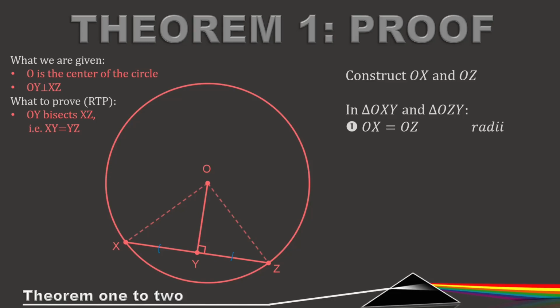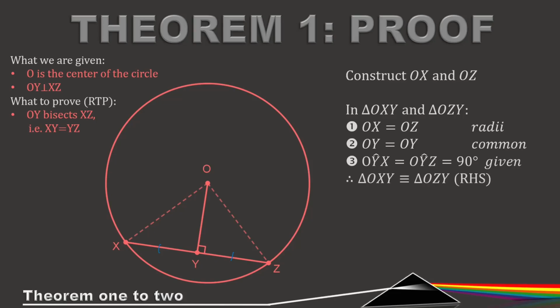Then the next thing, we have that OY is equal to OY. That is this side here, which is common to both triangles. So obviously it would be equal to itself. And then finally, we have OYX and OYZ. These two angles are both equal to 90 degrees, which makes them equal to each other. And that is basically given.